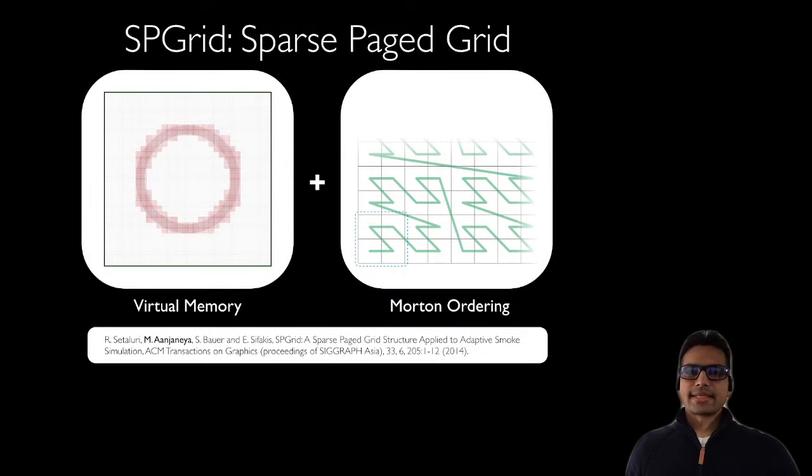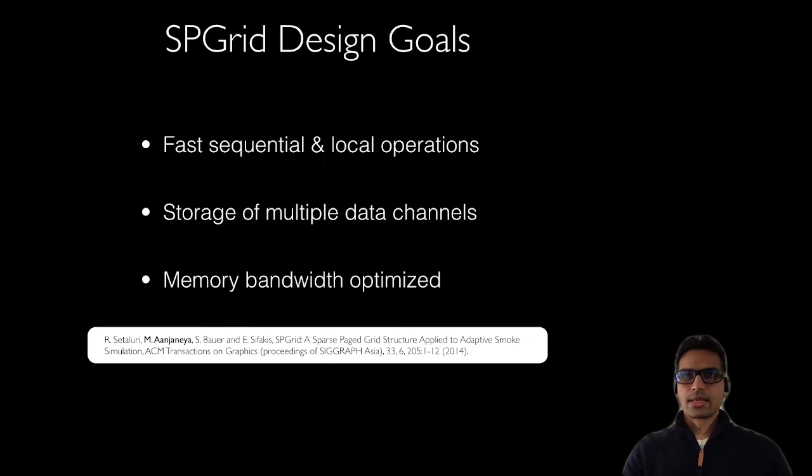So, what exactly is SPGrid? SPGrid is short for Sparse Page Grid, and it's a data structure that exploits the virtual memory management system in conjunction with a Morton ordering scheme to efficiently store and process large amounts of data. I designed SPGrid with several goals in mind.